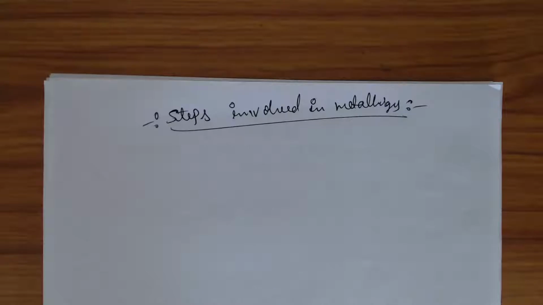Once the oxidation and reduction are done, then we will get the crude metal. Crude metal means this is not 100% pure, but the concentration of the metal is high. Once we get the crude metal, we refine that, then we get a pure metal. That is the process involved in extraction of the metal.